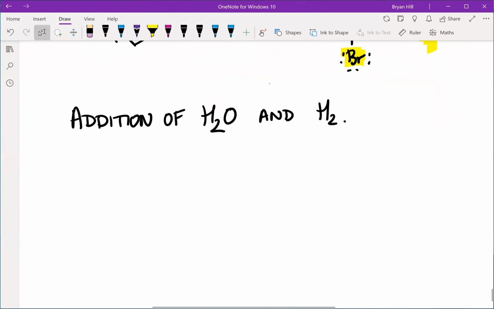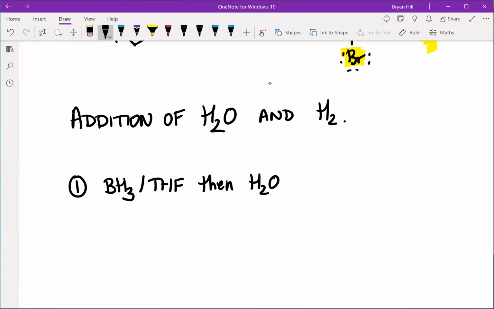So just to remind everybody, when we were adding water to an alkene, there were two conditions: BH3 and THF, followed by H2O2 and hydroxide. So in this case, if you had a double bond, the OH group would be on the opposite side.